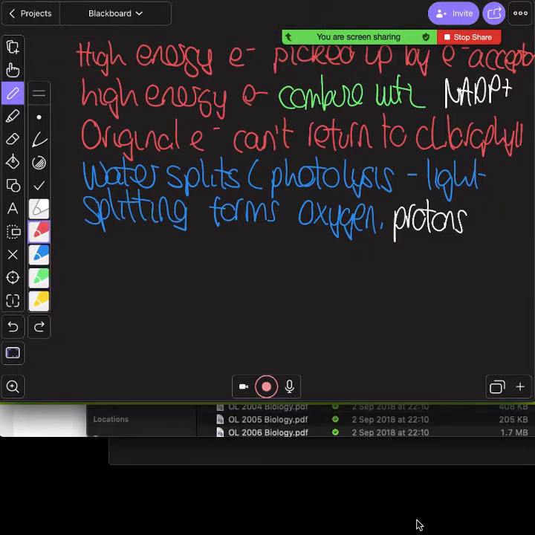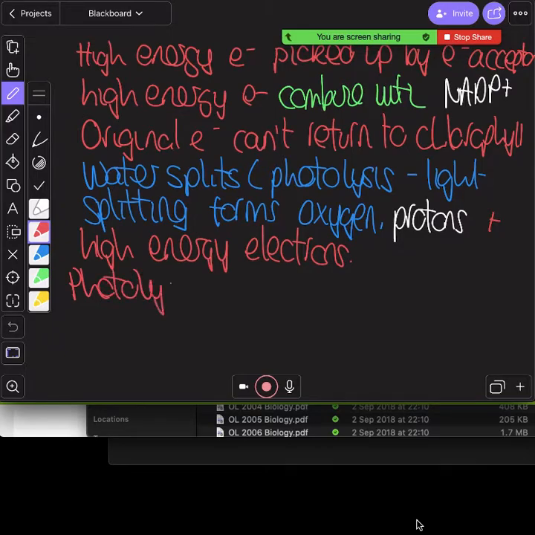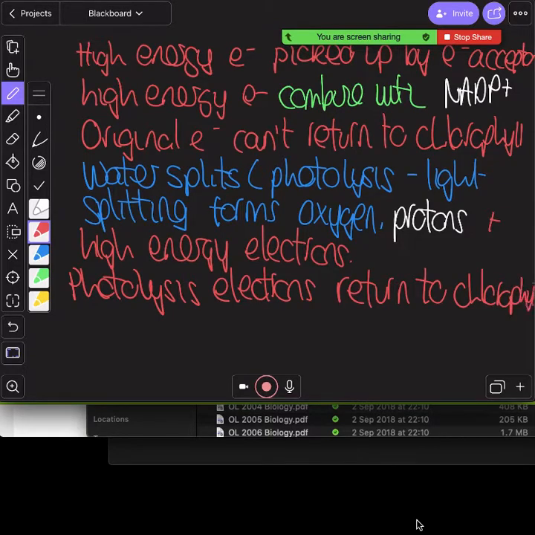Electrons are red. So the photolysis electrons return to chlorophyll. So we're talking about the red at the top. And they replace those last two NADP plus.